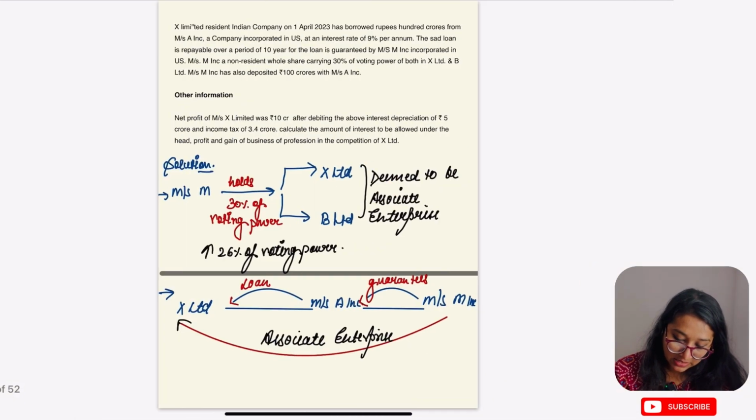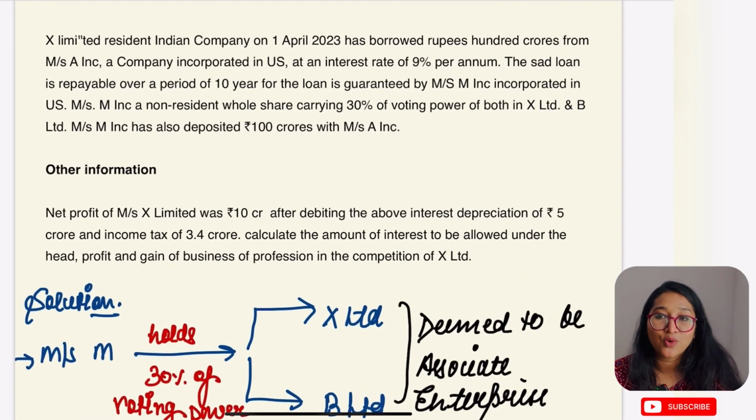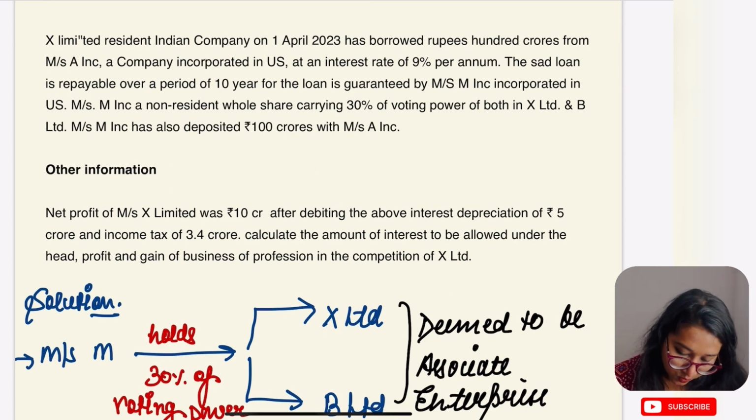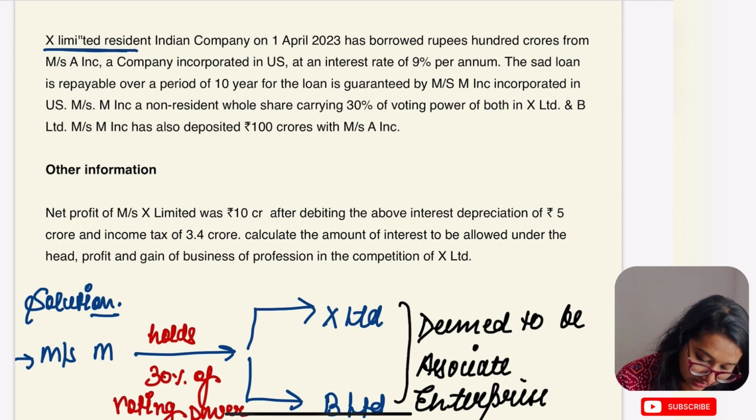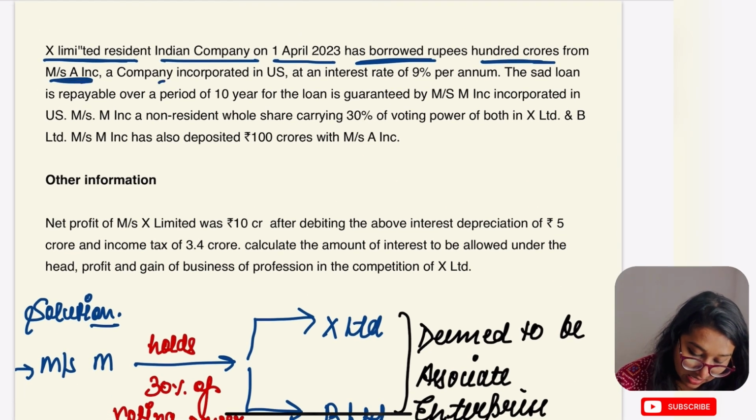Is it clear, everybody? So let's go for one question and understand what this section is saying. Here we go. X Limited, a resident Indian company, on 1st April 2023 has borrowed rupees 100 crore from MSA Inc, a company incorporated in the US.